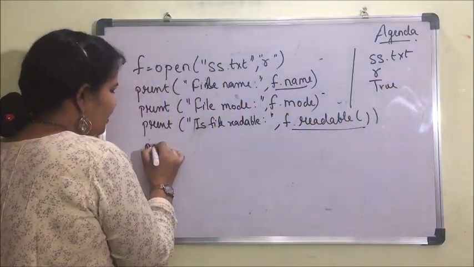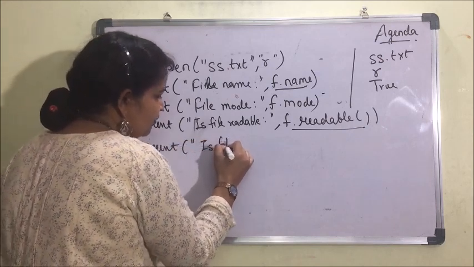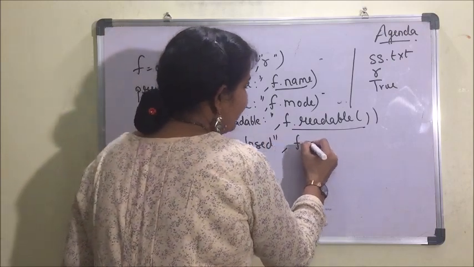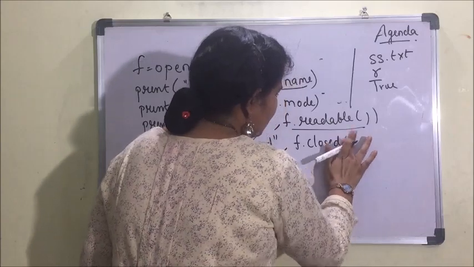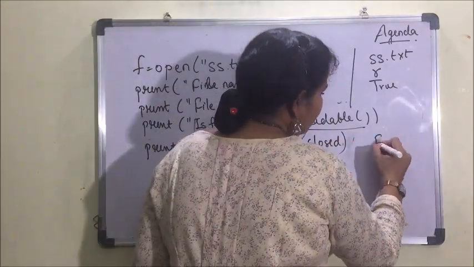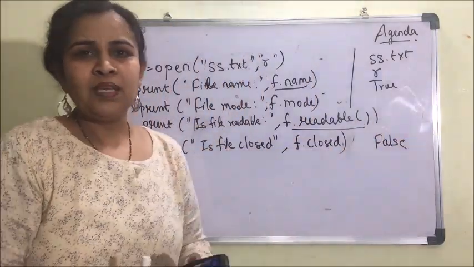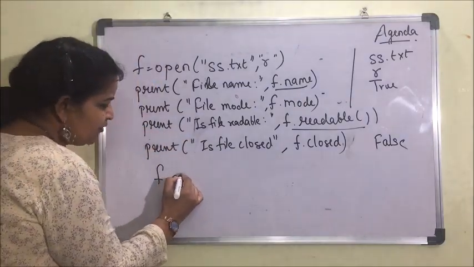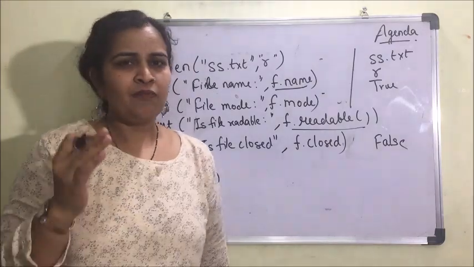The next property is print whether the file is closed, f.closed. It's an attribute. So f.closed will return false because it is not closed yet. Closing means whenever you are using a file, you need to close it using f.close.